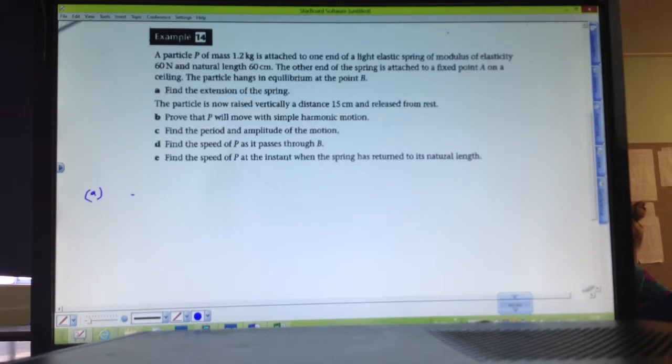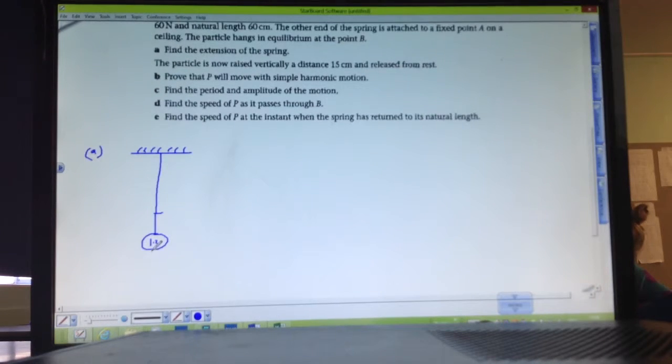We'll have the drawing, which is the ceiling, and it's in equilibrium, so we've got the natural length, and then we've got the extended bit, and then we've got our particle, which is 1.2. That is the force, or its weight component, 1.2 G. We've got tension.